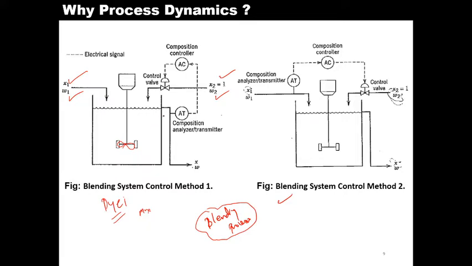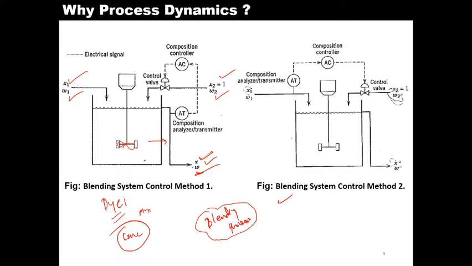You have to choose the output. The output is going to be, let's say, the concentration x, and the flow rate should be w. Whatever mixture is coming out as product should have the concentration x, and the flow rate should be w. So ultimately you have to control the concentration, right?